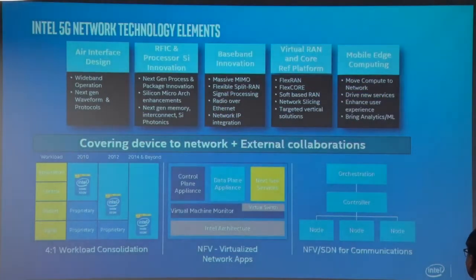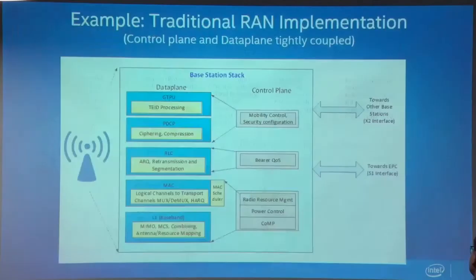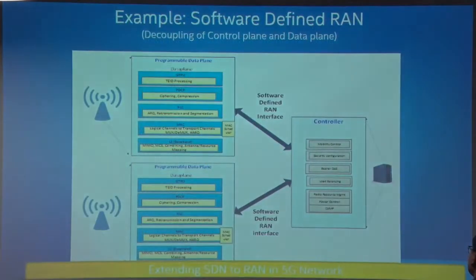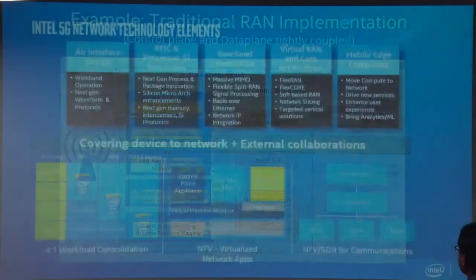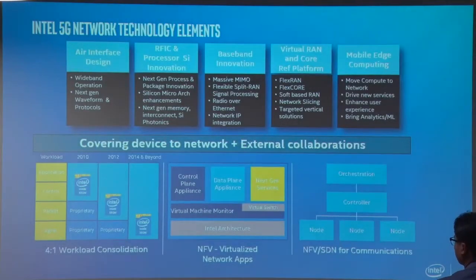So within Intel, we are looking at a few different technology elements. We are looking at the air interface design itself. Intel is very active in 3GPP, in the analysis and definitions of these types of air interface designs.